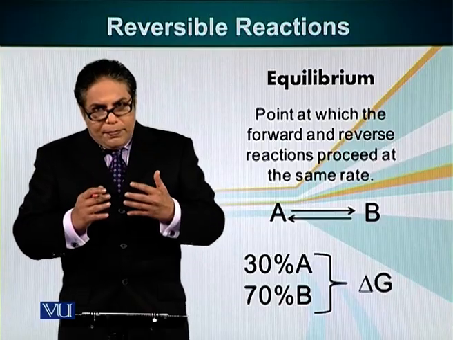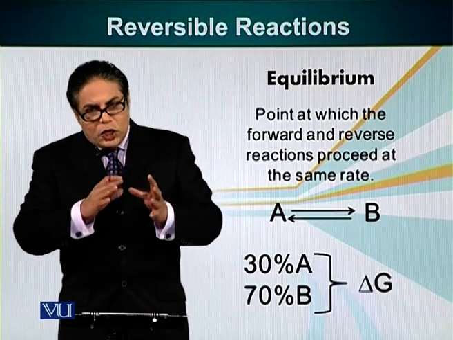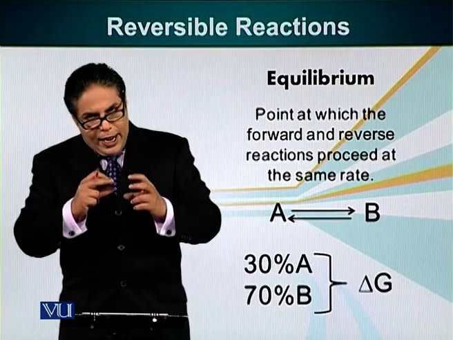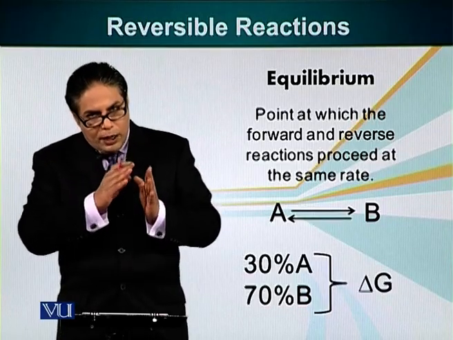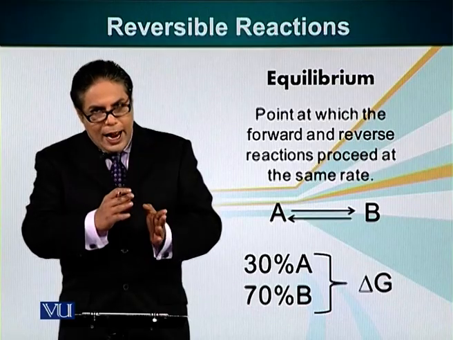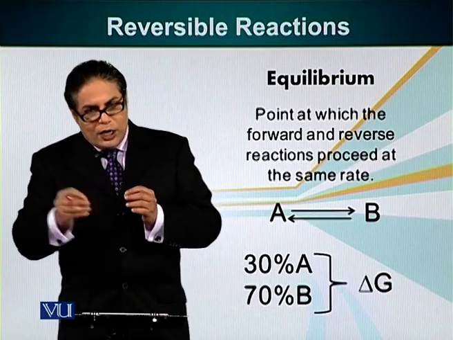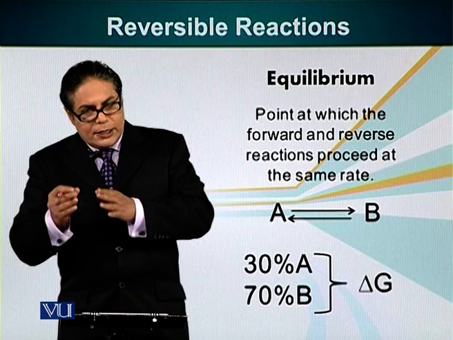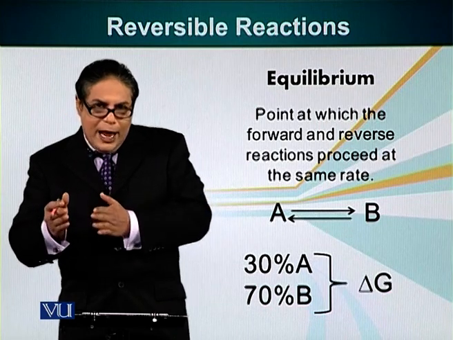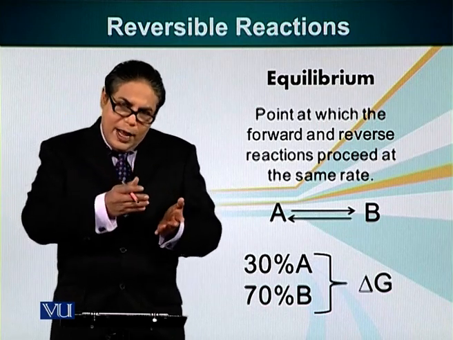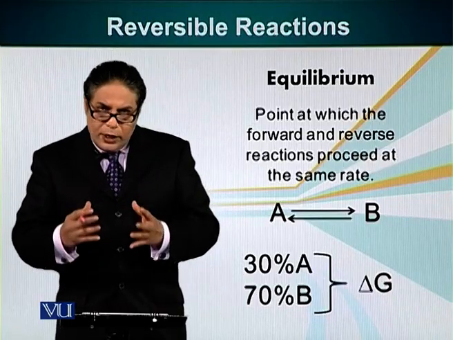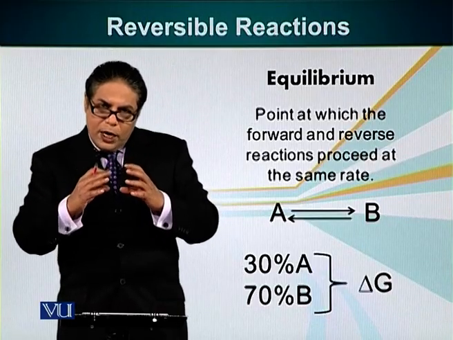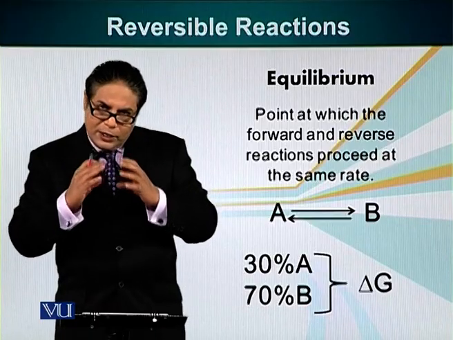At equilibrium, the point at which the concentration of A and the concentration of B is constant, the number of A molecules converting into B is the same as the number of B molecules getting converted into A. So the total number of molecules at equilibrium does not change.